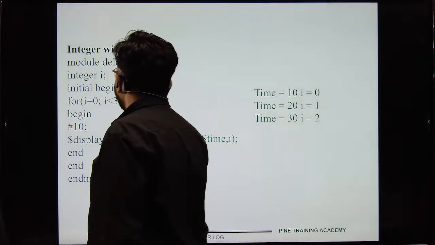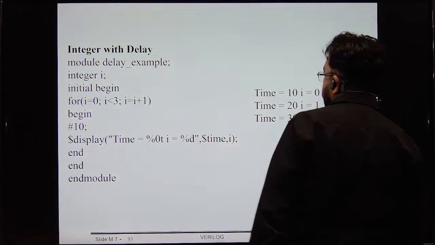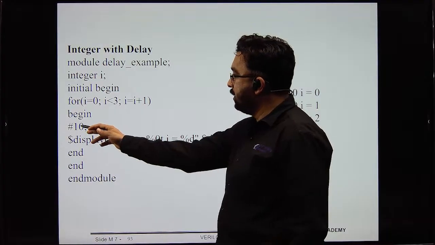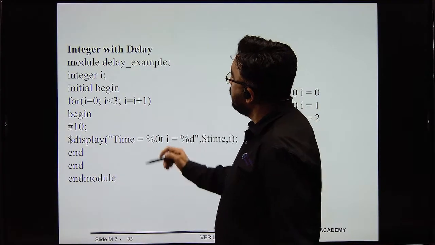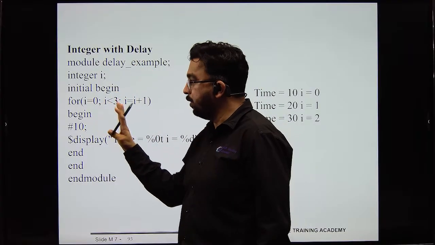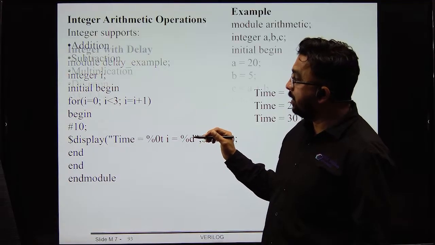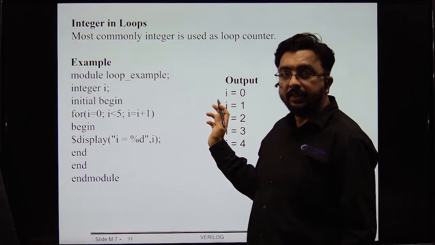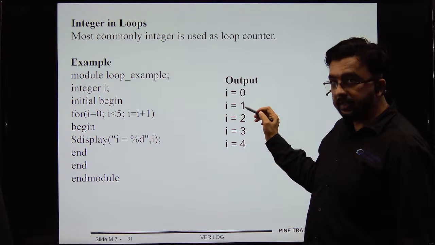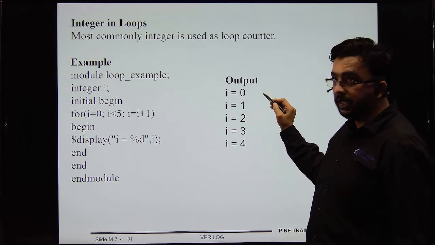Next, a delay example. Again, a very simple example. Basically, I have used the term delay here. Module delay, integer I, again with the help of a for loop. This one executes at delta plus 0, that is, at 0 delay.